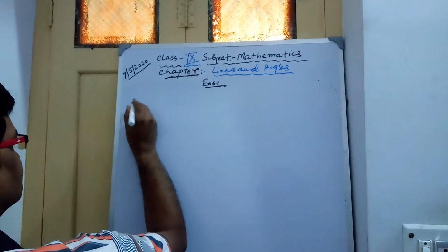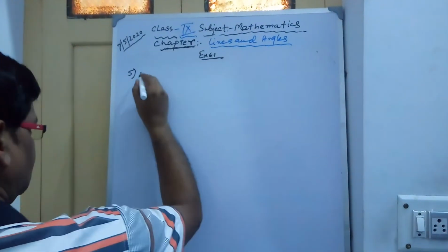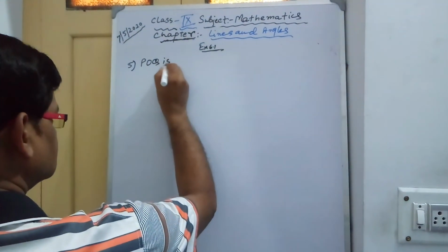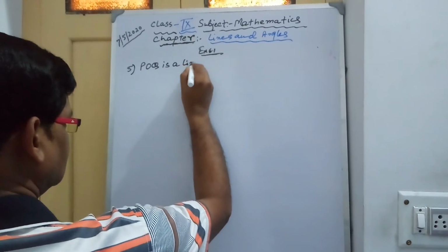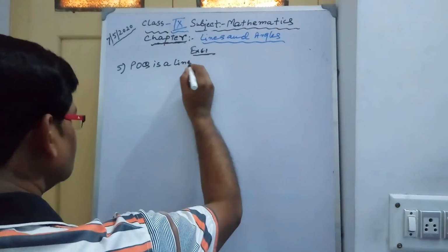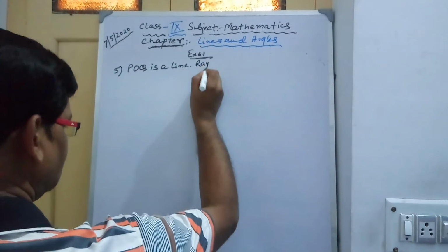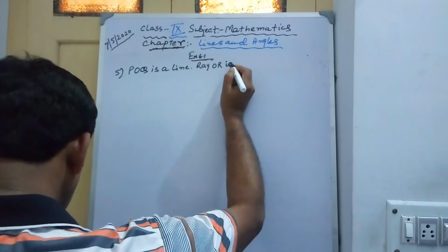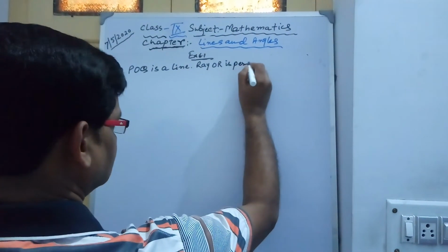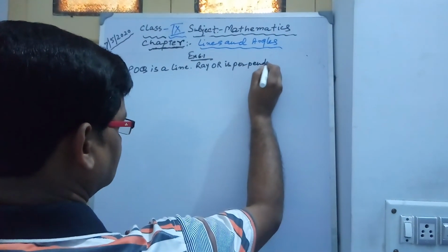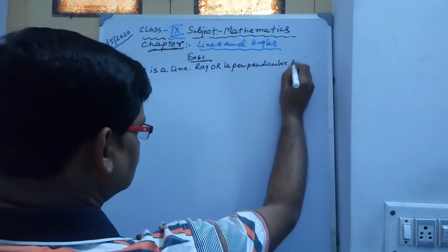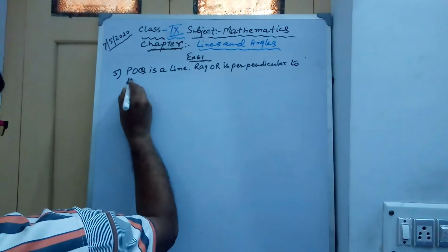Question number 5. POQ is a line, ray OR is perpendicular to line PQ.